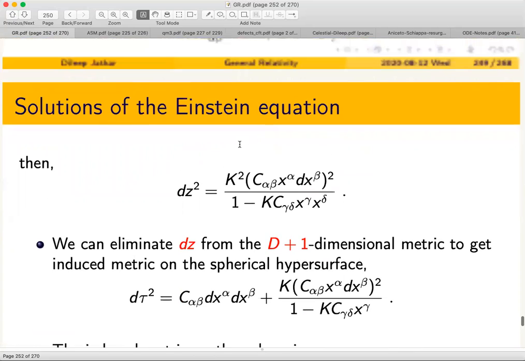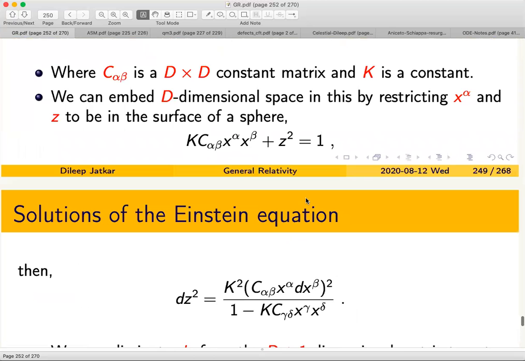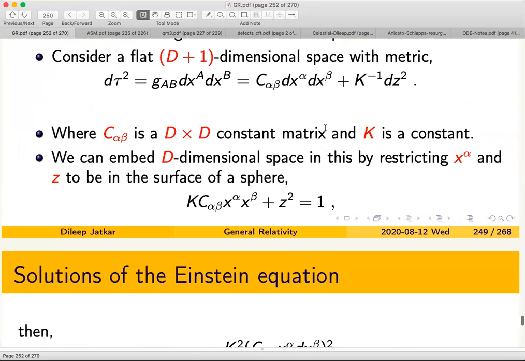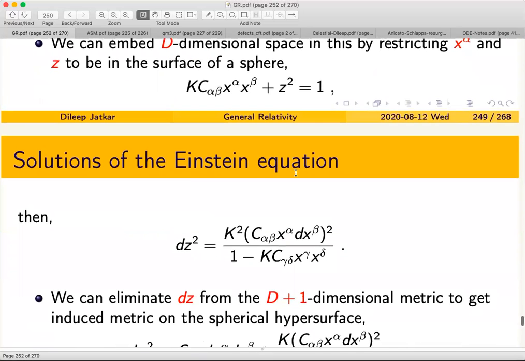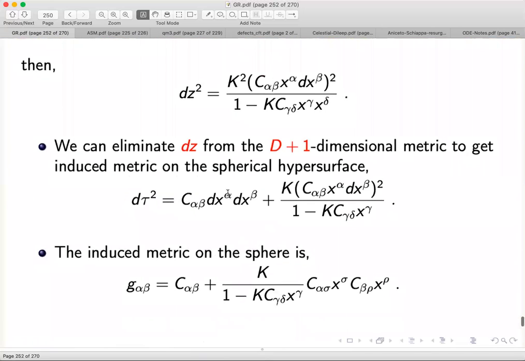This k squared becomes k here simply because there's a k inverse sitting around in this metric. So this is how the metric is going to look. The metric component G alpha beta is C alpha beta plus k upon the denominator times C alpha sigma x sigma C beta rho x rho.